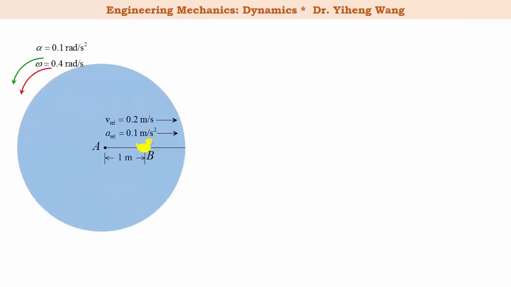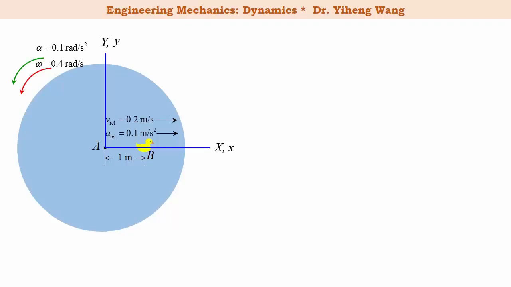First, we want to set up our coordinate systems: a fixed reference frame represented by capital letters X and Y, and a rotating frame represented by lowercase letters x and y, which is currently superimposing with the fixed frame at this moment. The difference is the rotating frame is fixed to the rotating surface, therefore it has the same angular velocity and acceleration as the surface.